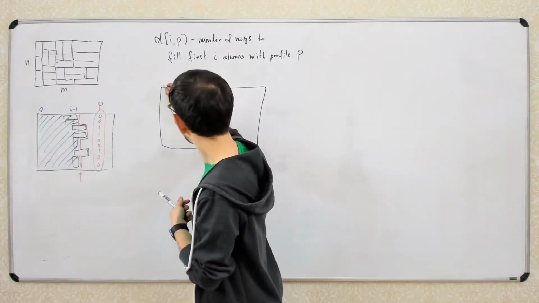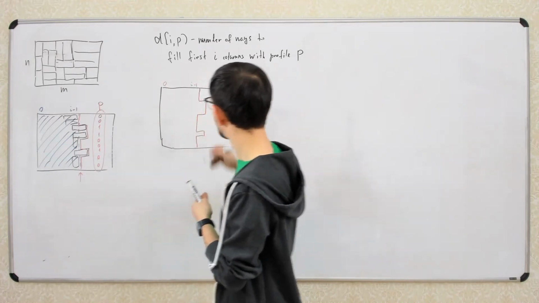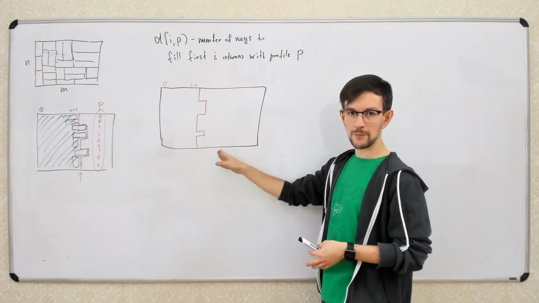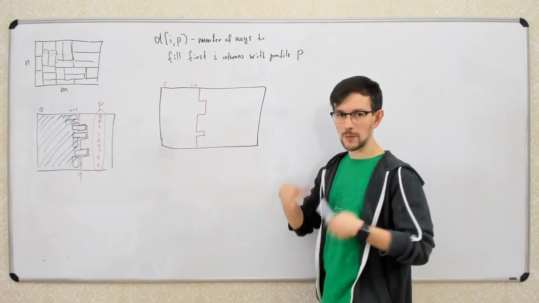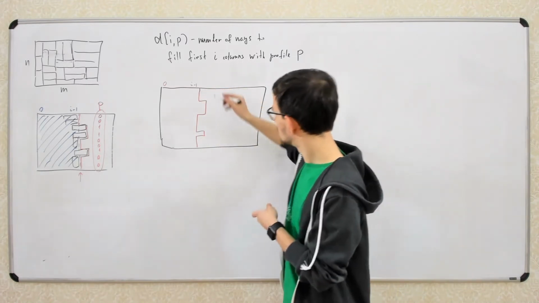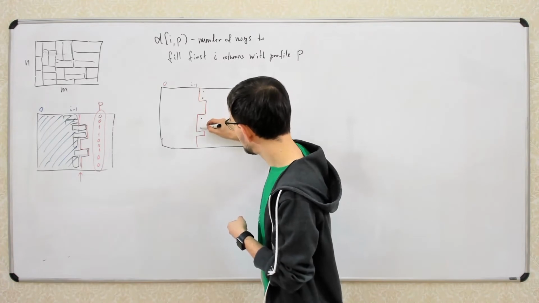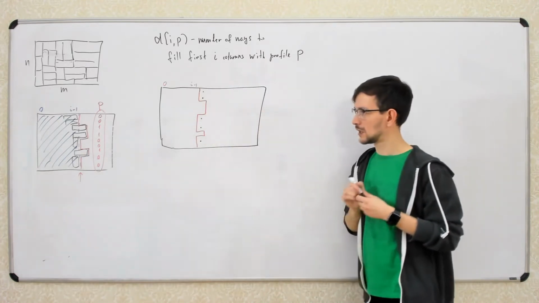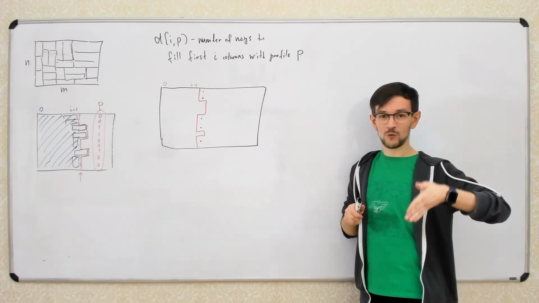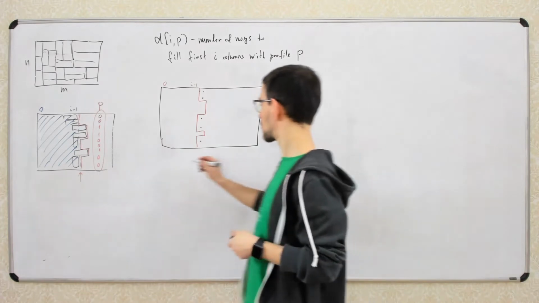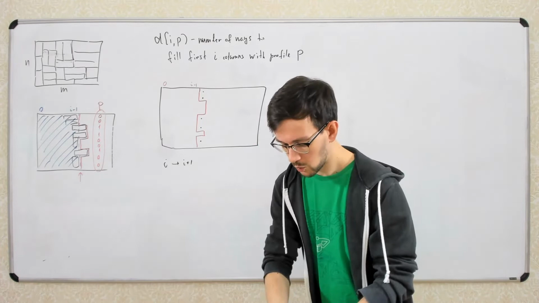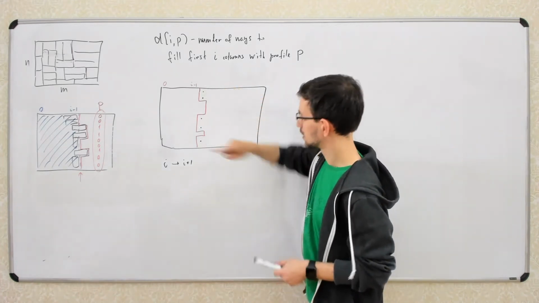So here are all columns from 0 to I minus 1. And we want to move from I to I plus 1. So to move from I to I plus 1, we need to fill all these not filled squares in the column I. So when we move from I to I plus 1, we want somehow to fill all these empty squares.